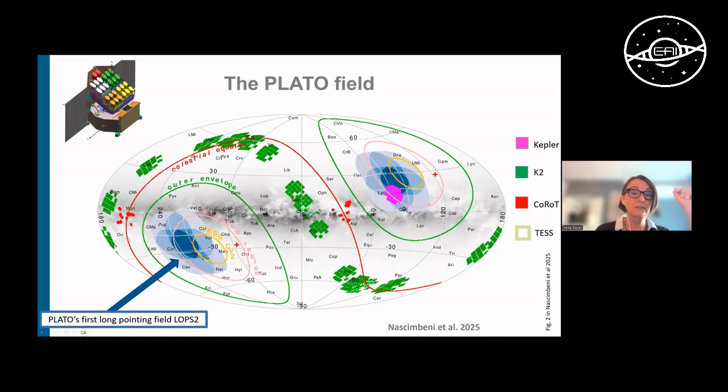But we will actually start in the southern field. This is driven by the fact that the best instruments for radial velocity are in the south at the European Southern Observatory. So we will start here in the southern field. And we will cover also the TESS continuous viewing zones. So we will have many TESS targets here in our field of view as well that can be followed up with PLATO.